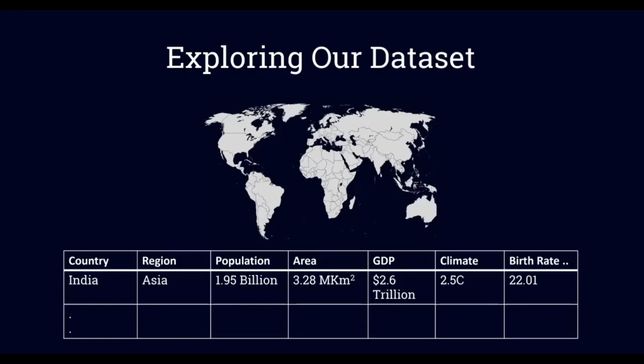Climate ranges from 1 to 5, ranging from subtropical, tropical, and these kinds of climate zones. And then birth rate, death rate, infant mortality. All of these features of each country are listed in our data set, and we can be performing data analysis on them.